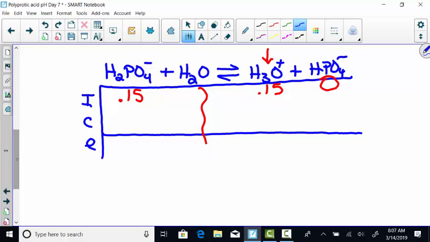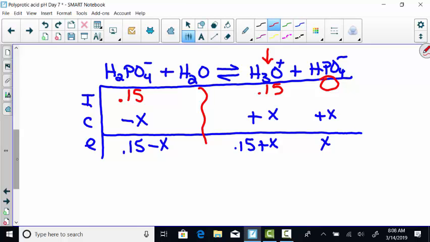So this is a straight ice chart where this becomes minus x, plus x, and plus x. So this will be 0.15 minus x. This is going to be 0.15 plus x, and that's x. Now, there is a Ka2 for this reaction.